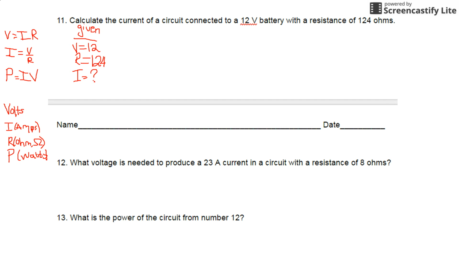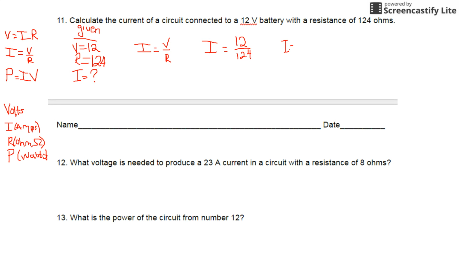Since I have V and R and I want I, I'm going to use this equation right here: I equals V over R. Then I'm going to substitute in those numbers. I equals 12 divided by 124.